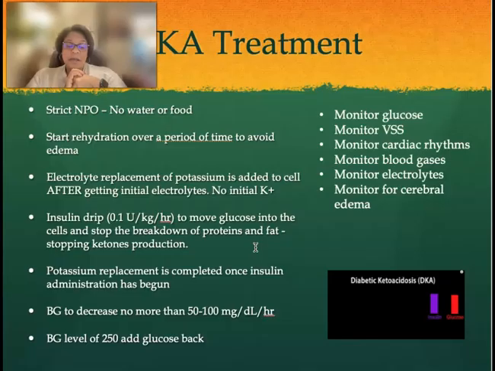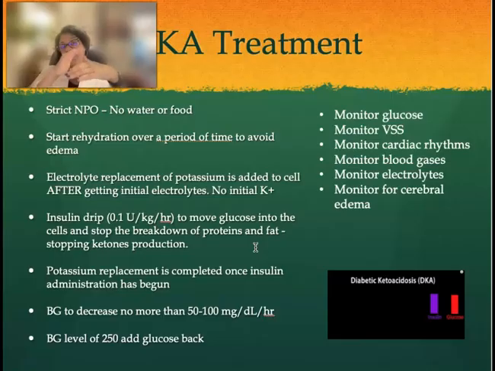By the time the child got to us, first they went to an adult hospital, which was the nearest hospital, and they were then transferring to a pediatric hospital, and they treated the child like an adult. They saw the blood glucose of 450, and they said, let's give 20 units of insulin, let's get this glucose down. So they gave 20 units of insulin, and they caused a major shift in osmolarity, and the kid died.